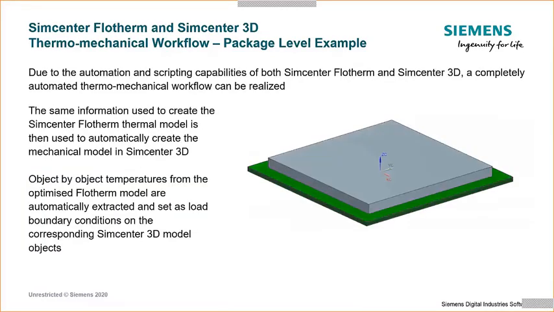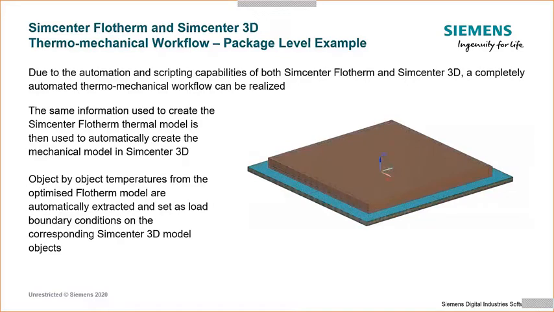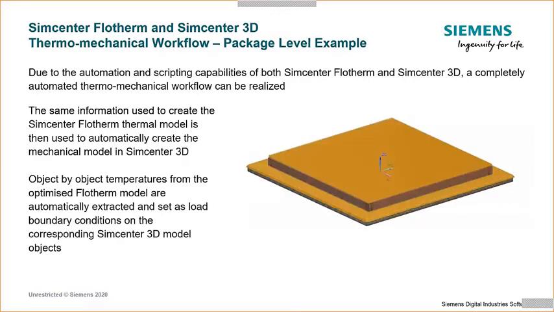Right, at that stage, exactly the same information, the same input deck used to create the Simcenter Flowtherm model is then used to automatically create the mechanical model in Simcenter 3D, all scripted without any manual intervention. Objects created, materials assigned, FEA mesh defined. And then in terms of the transfer of temperature information, unlike the first part of the workflow demonstration I showed, which showed a 3D temperature field or fields being transferred, here a slightly different approach is taken.